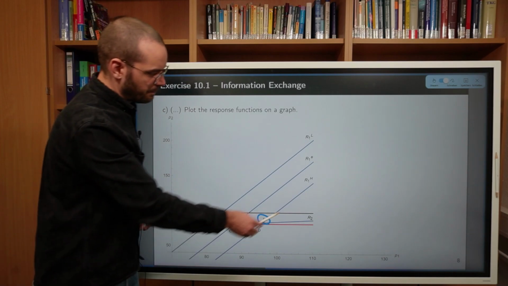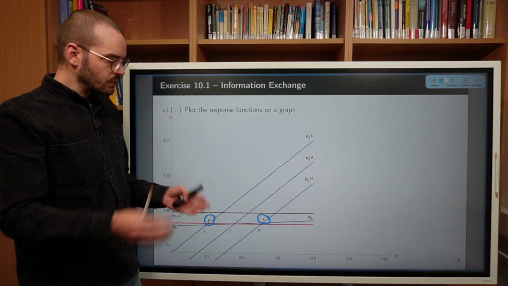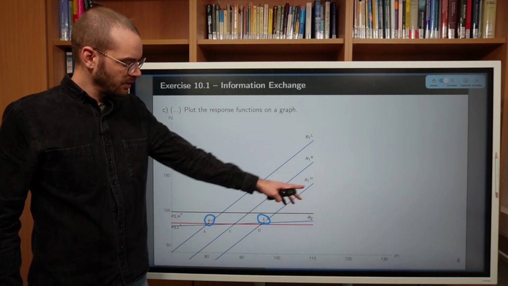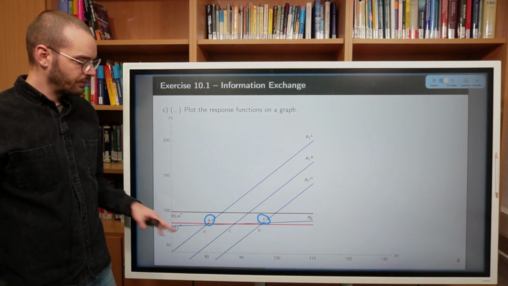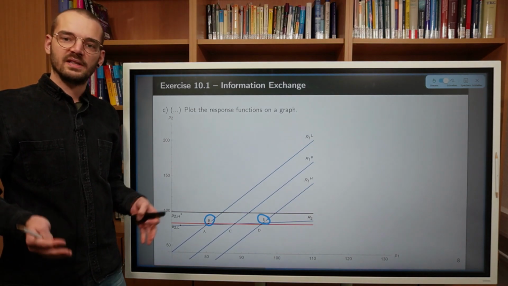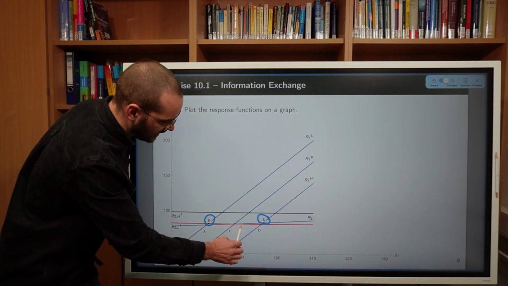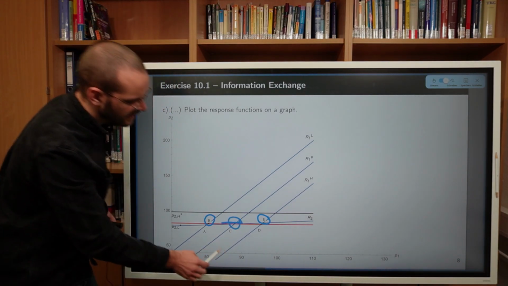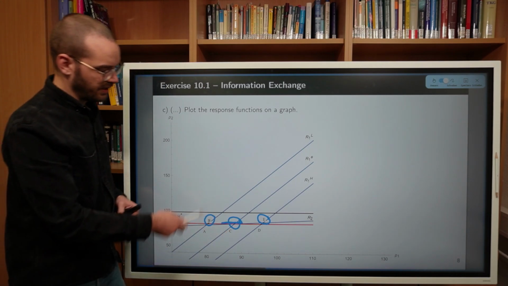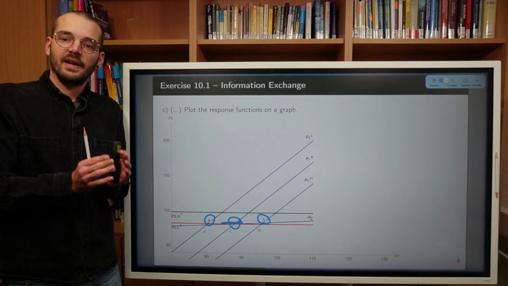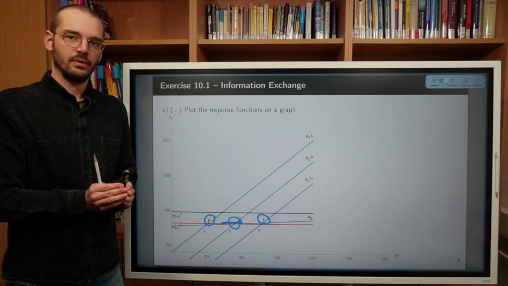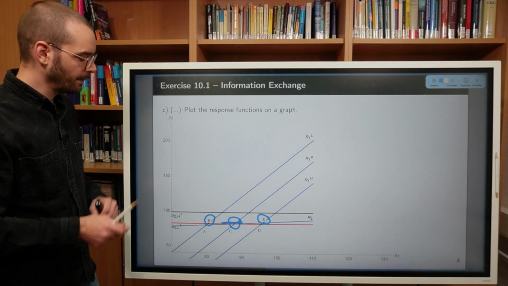So the best response of firm 1 onto the best response of firm 2, where firm 2 has to form expectations and therefore sets this price under C, right? The intersection between the best response of firm 2 and the expected reaction function of firm A, firm 1.